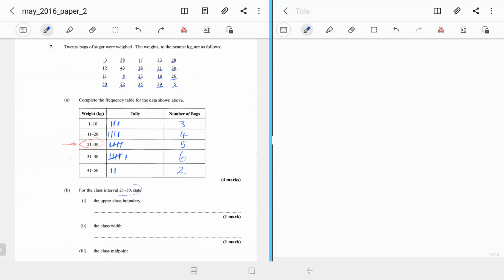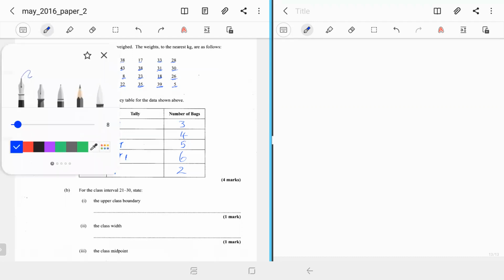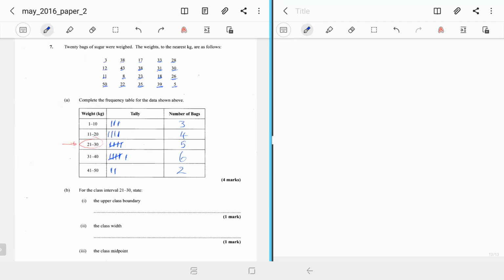It's asking about the 21 to 30 class, which is this one. 20.5? Come again. Upper class boundary, 21 to 30. 21.5? Upper class boundary. All right.